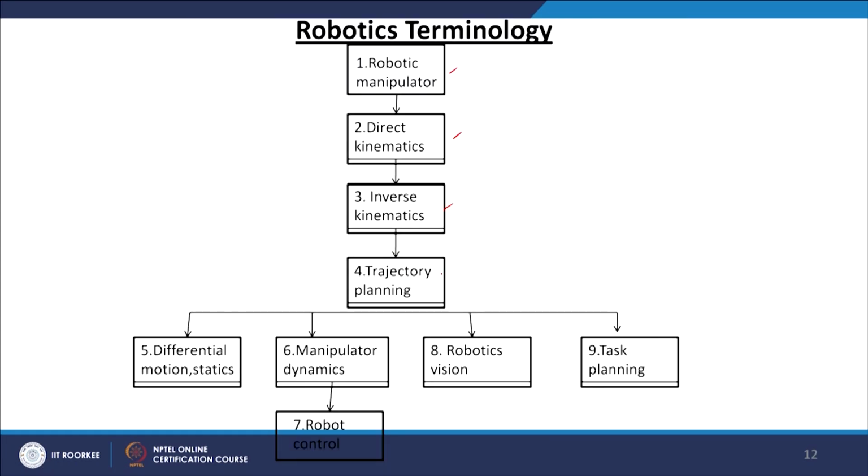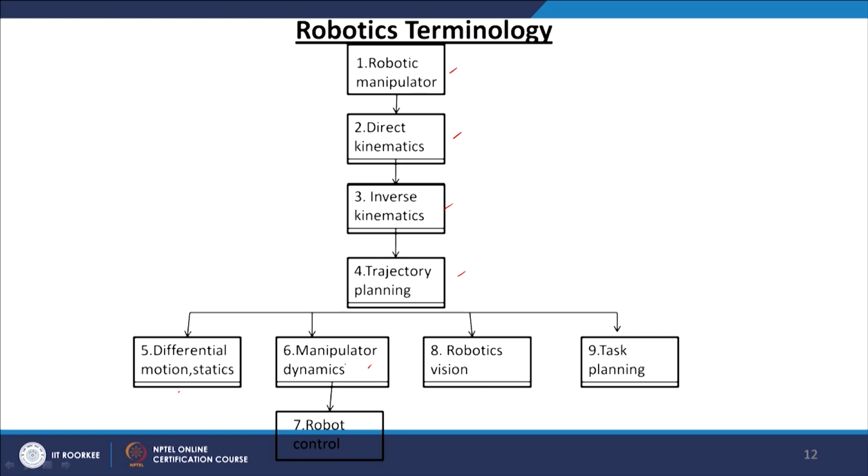And trajectory planning is how to plan a trajectory for the end effector for performing a particular task, and differential motion represents the velocity aspects, with what speed the end effector should move. The dynamics represents what amount of torque or force is to be applied at each joint.